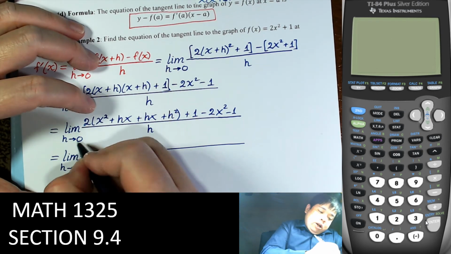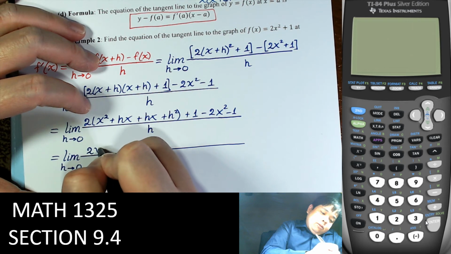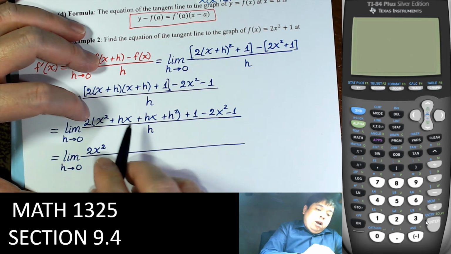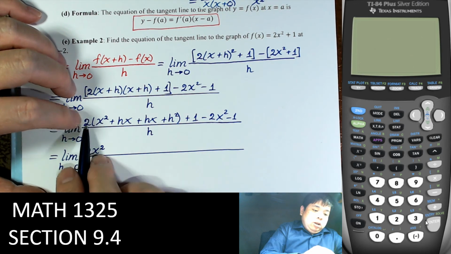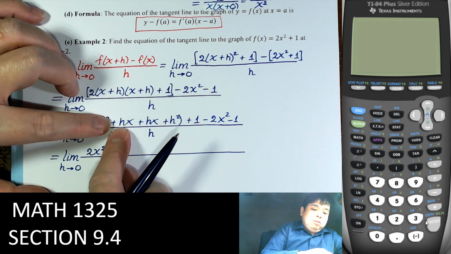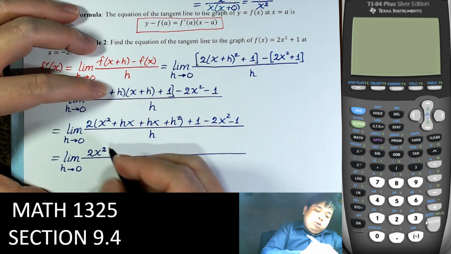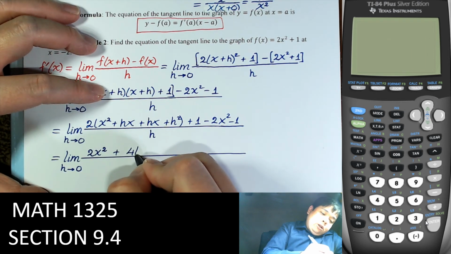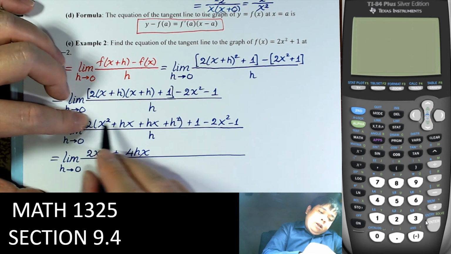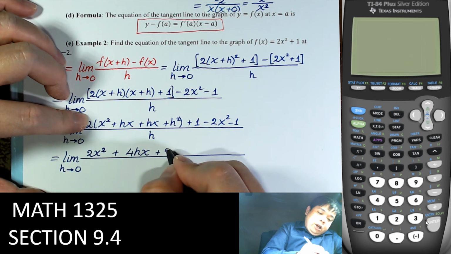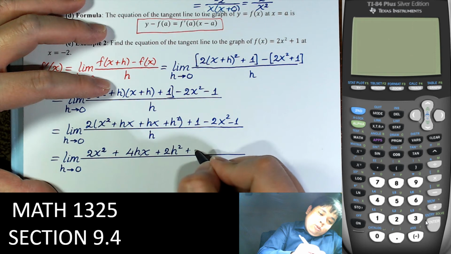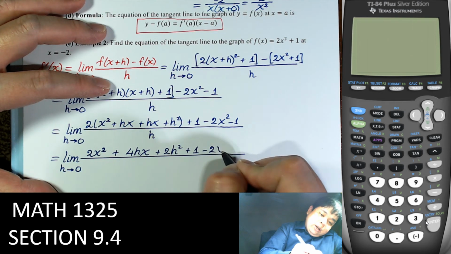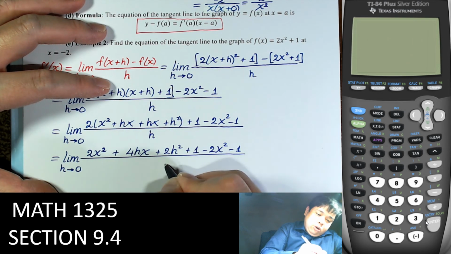So that 2x squared, hx and hx, that 2 of them times 2 will be 4, right? 2hx times 2, that will be 4hx, and then 2h squared plus 1 minus 2x squared minus 1 over h.